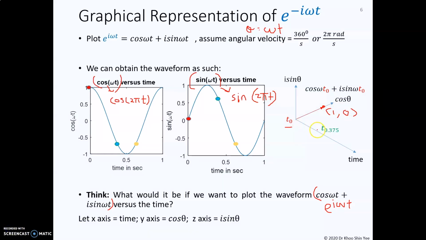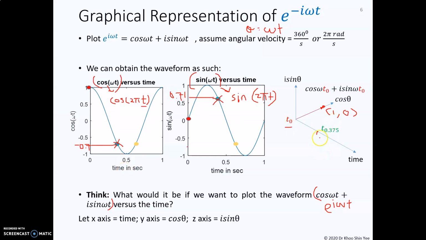So as time goes, let's say at t equal to 0.375, you obtain this point, and it's around negative 0.7. And then substitute t equal to 0.375 into the sine function, then you obtain here, which is around 0.71.